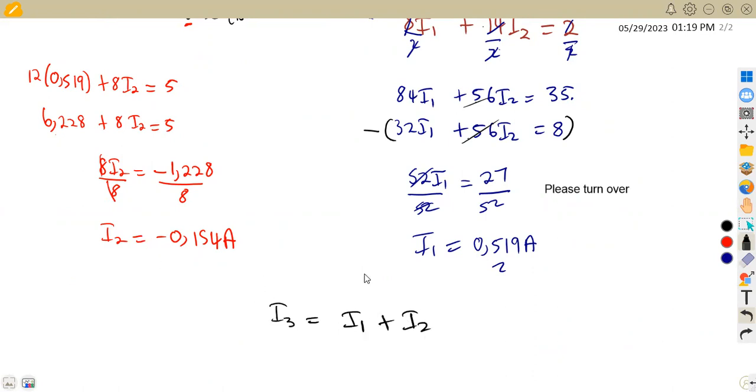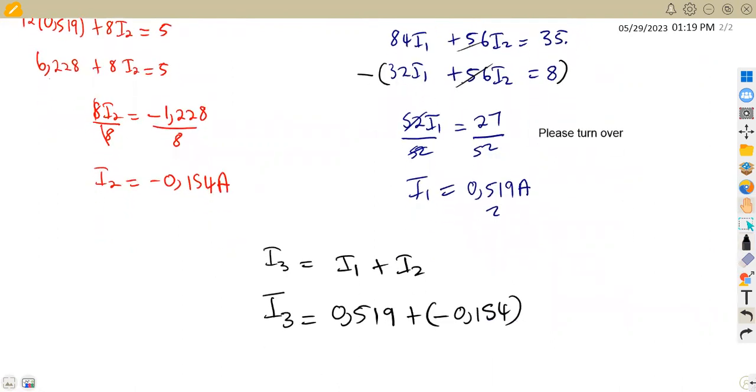Substituting, our I3 is going to be 0.519 plus I2, which is negative 0.154. All right, so this gives us the value of I3.